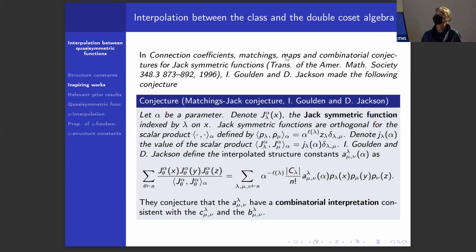Ian Goulden and David Jackson make the very strong conjecture that these coefficients dependent on alpha have in fact a nice combinatorial interpretation similar to that of the structure constants. This conjecture is well known as the matching Jack conjecture and involves counting sets of matchings.